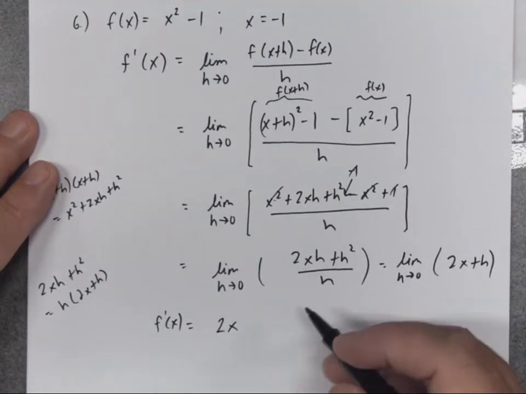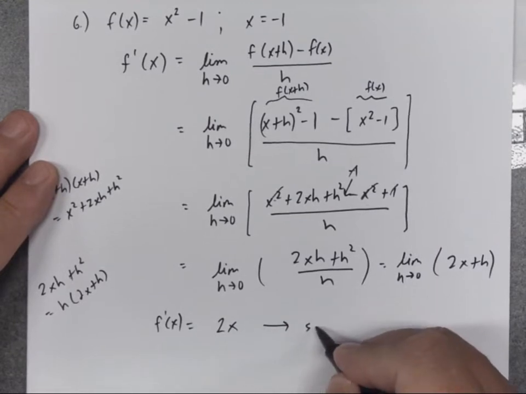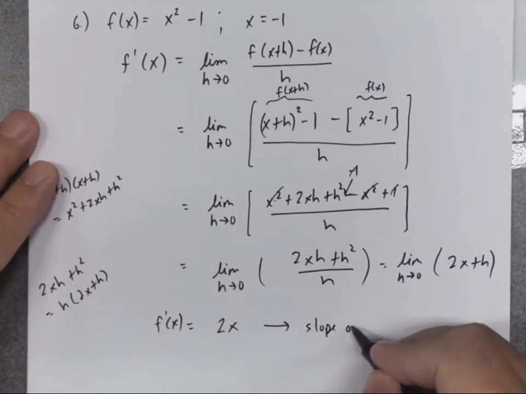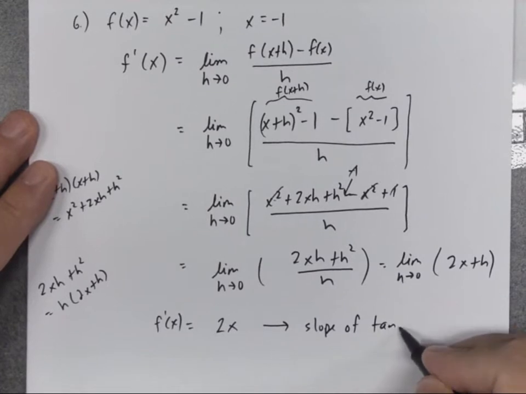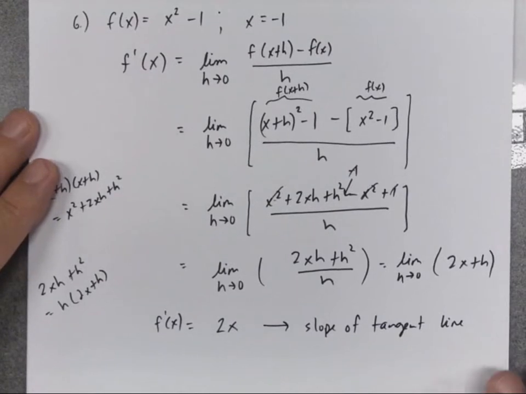Now, one meaning of the derivative is the slope of the tangent line. Let's try and explain again what this means so you understand it.